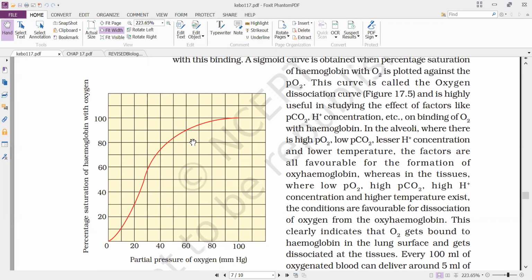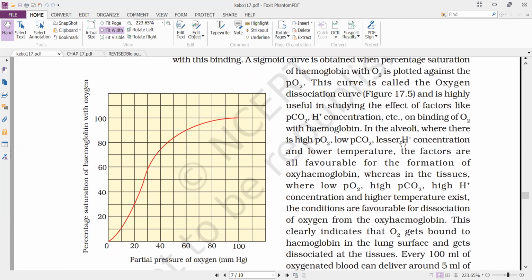As a result, the curve will shift towards the right side, that is downwards, like this, because the saturation point will be decreasing. And if the partial pressure of oxygen is increasing, the curve will bend like this, that means it will shift towards the left side of the actual curve.